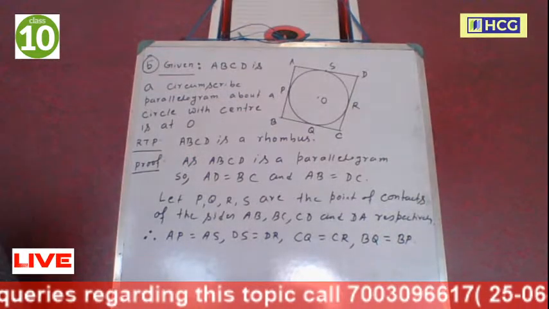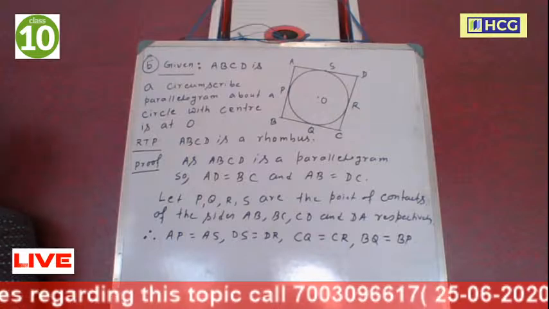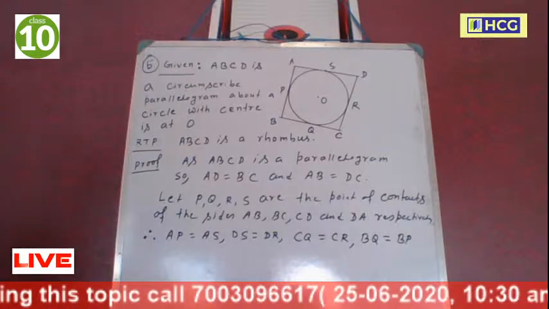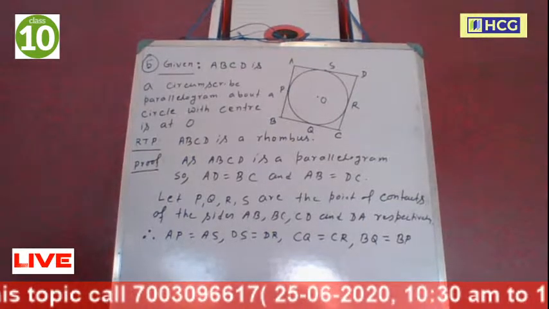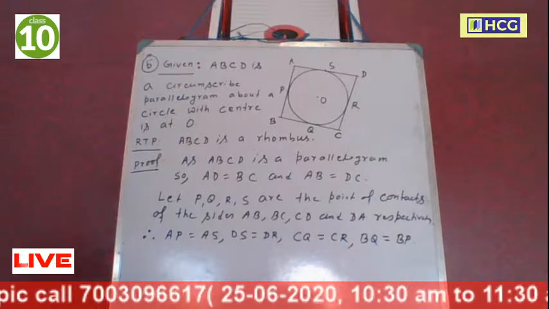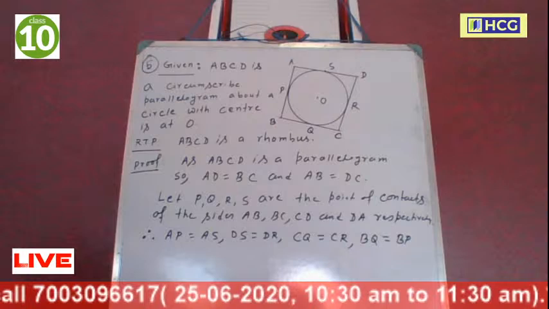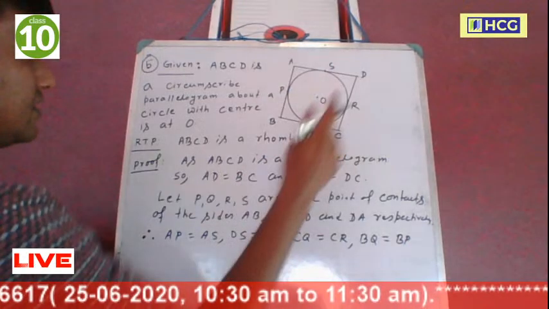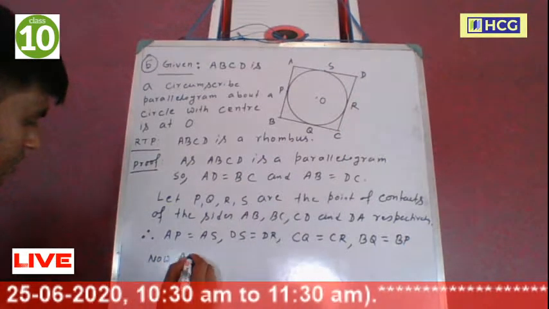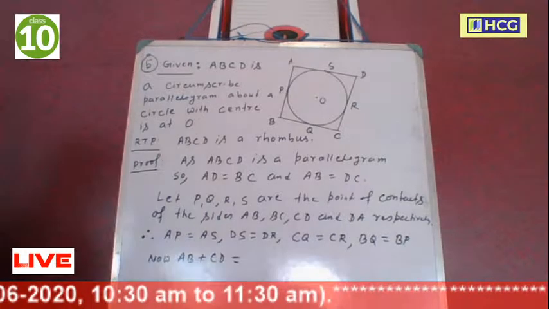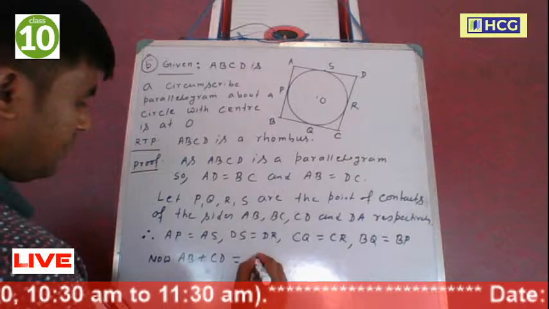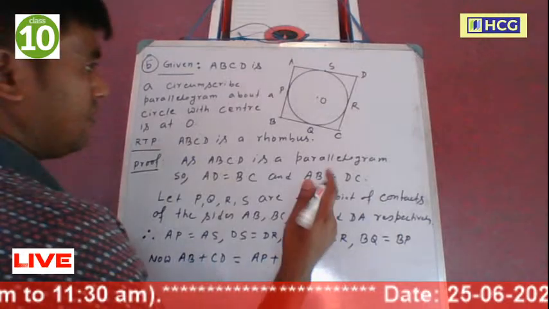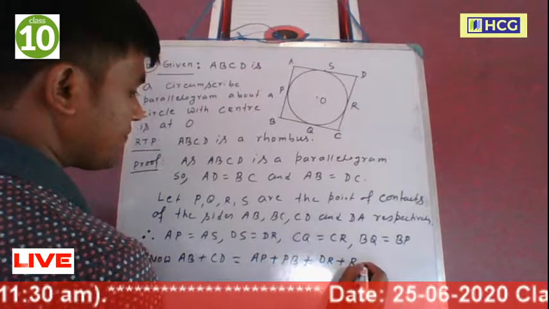Now AB plus CD. AB equals AP plus PB and CD equals DR plus RC.